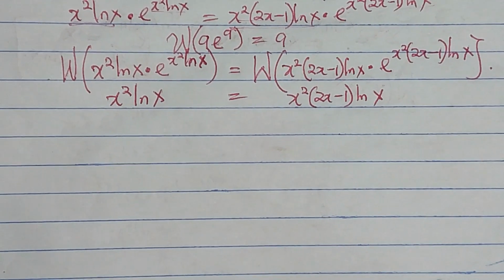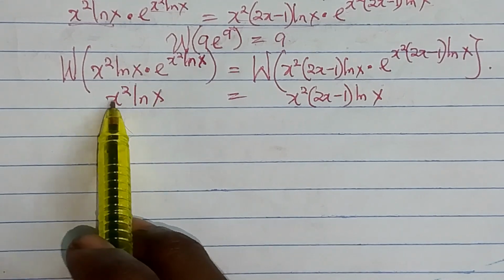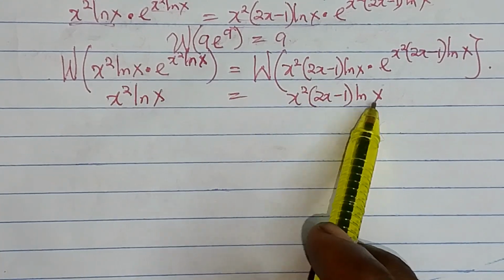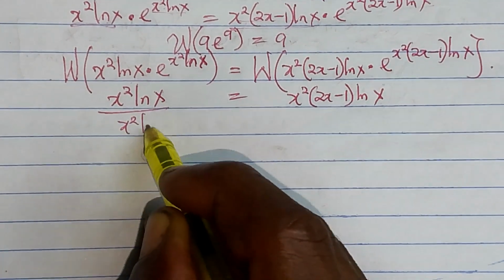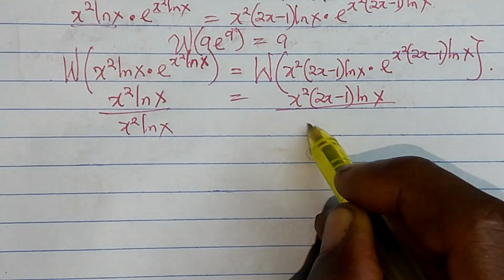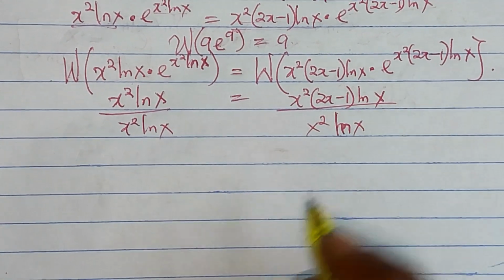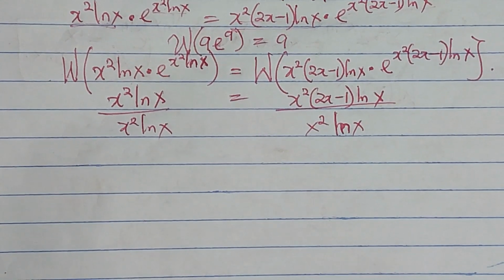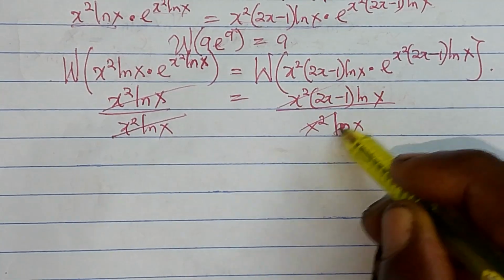Now we have to divide through by x squared ln x, because x squared ln x is common to both sides of this equation. So if we divide through by x squared ln x, that is x squared multiplied by ln x, this will cancel out, and this as well will cancel out.